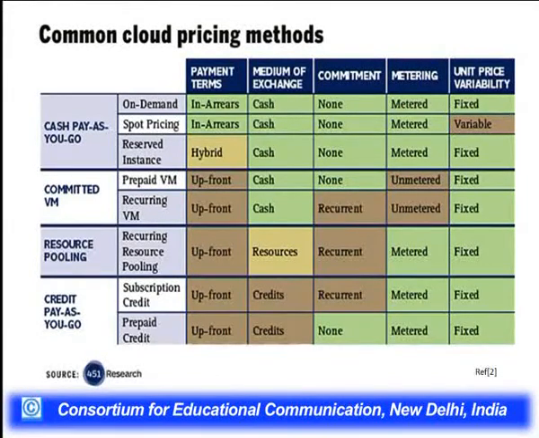In the cloud market at present, there are different pricing models being adopted. Some offer a pay as you go model. In such a case, the different kinds of instances offered are on demand, spot pricing, and reserved instances. These are all offered by Amazon.